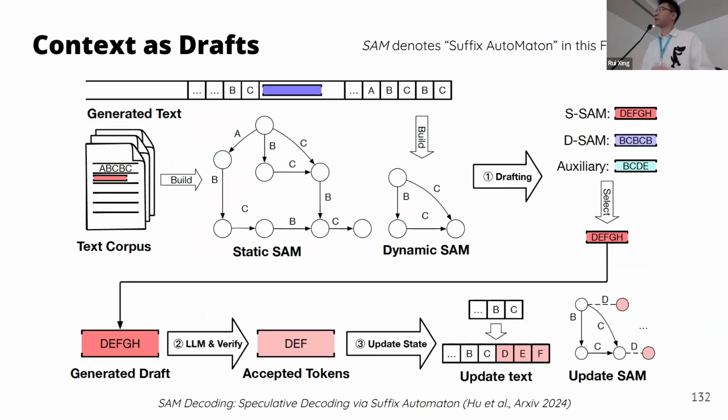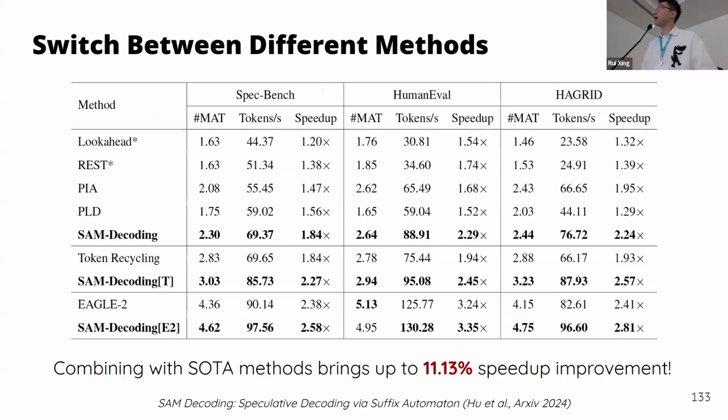And in the most recent work, SAM decoding, compared to the previous retrieval-based methods, introduced the suffix automaton to do the retrieval task. It just uses the suffix automaton to find the matched prefix very efficiently and uses these drafts as the input to the original large language model. And very interestingly, we find that these efficient context-based or copy-based methods can be combined with the SOTA, state-of-the-art method like EAGLE-2.